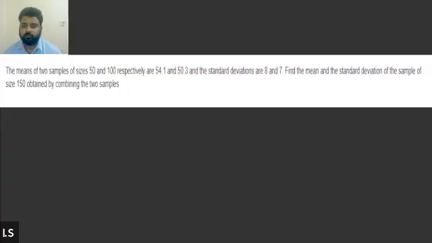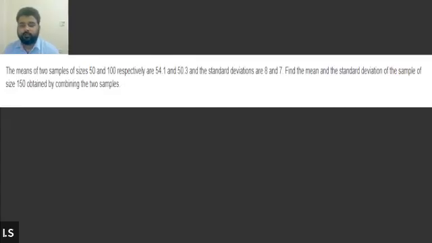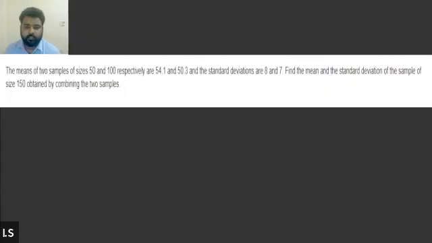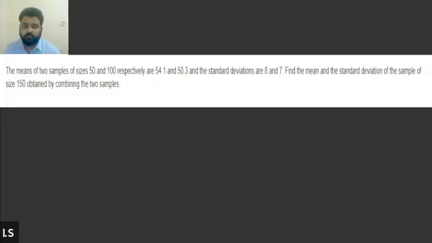Yes. Then the number of items in the first series, 50, and we will be multiplying it with d1 square, which is 6.45 something. And then n2, 100, into 1.58, divided by n1 plus n2, that is 150.